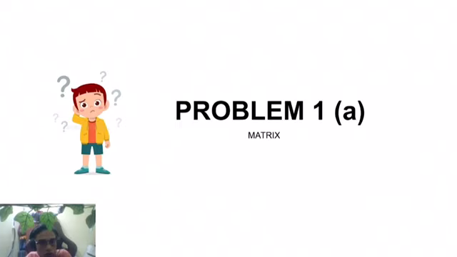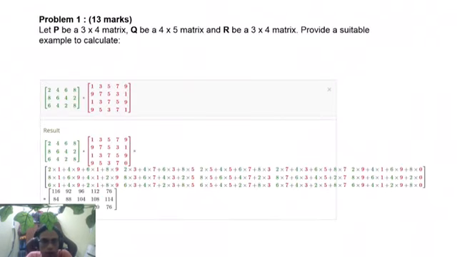Now we would like to discuss problem 1A. Problem 1A states that we must multiply P times Q, where P is a 3 times 4 matrix and Q is a 4 times 5 matrix.